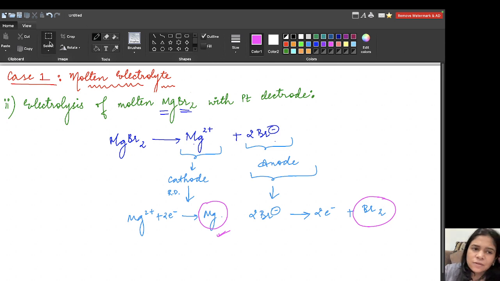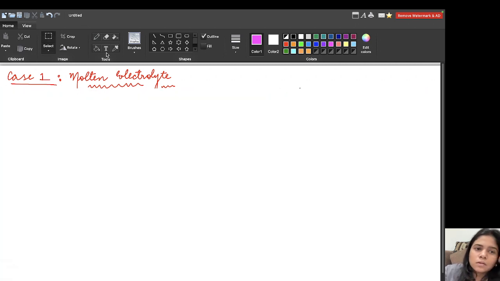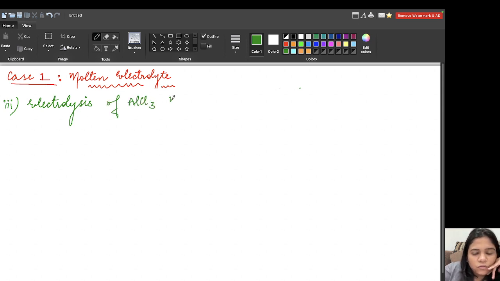Third, one more example. Let's take one more example of electrolysis of AlCl3 with platinum electrode. Why platinum electrode? It's an inert electrode. What will you get? Just try to break this reaction. How do we break it easily? Just write Al and Cl here.